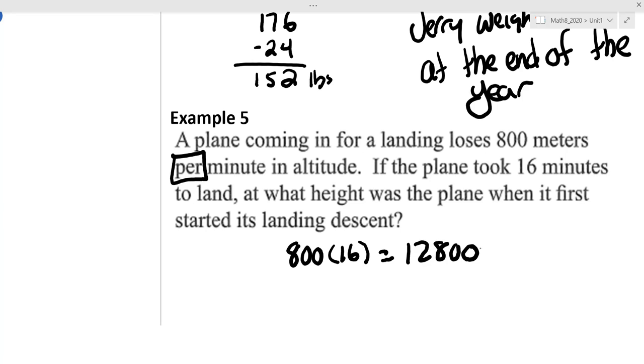So that's our number. What's our statement? The height when the plane first started its landing descent was 12,800.